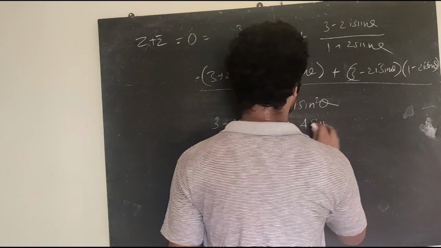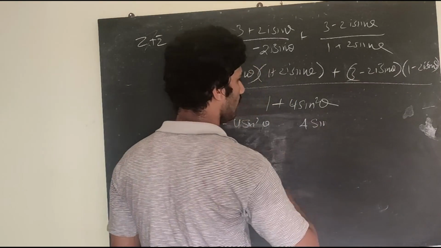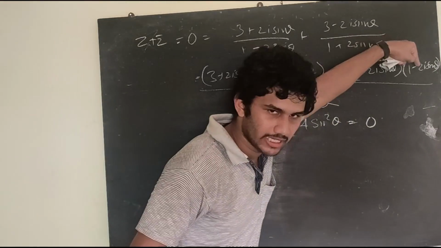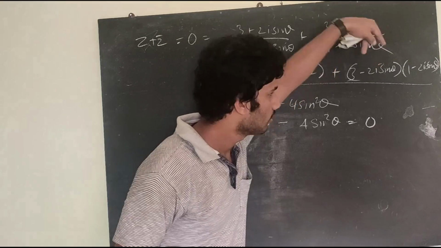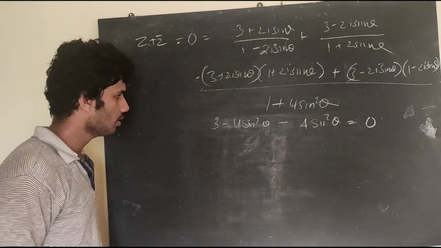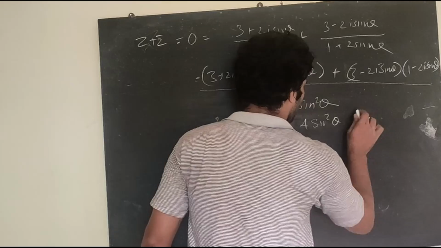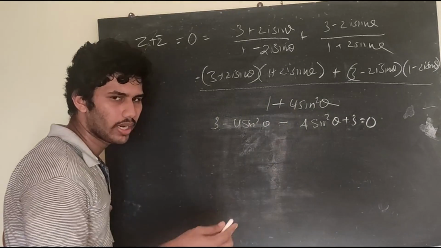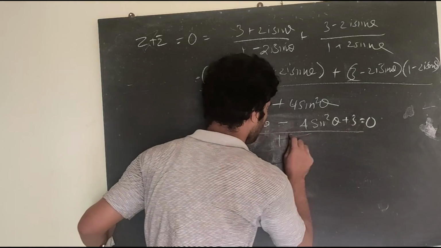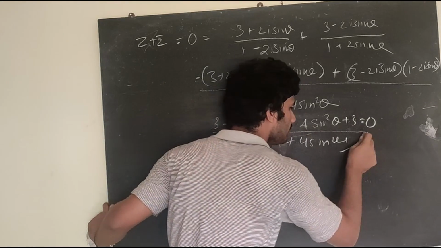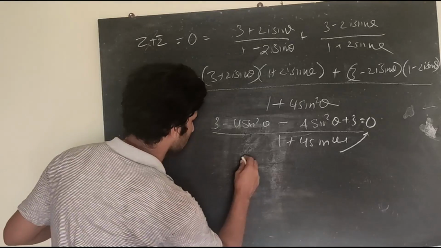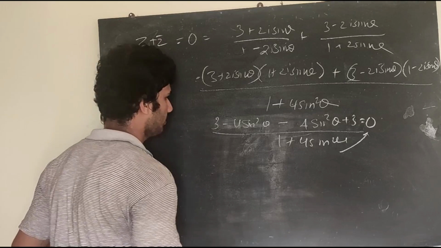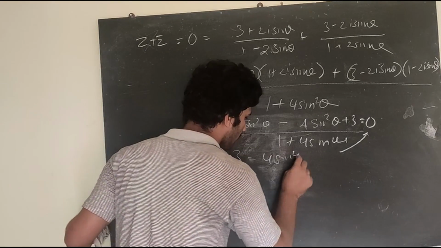This will be minus, plus and minus, minus sin²θ, because minus into minus is plus and then we have i². And the denominator is 1 plus 4 sin²θ. I am not worried about that, no issues. So ultimately my equation becomes 3 plus 3 minus 8 sin²θ, and when we simplify it becomes 3 is equal to 4 sin²θ.